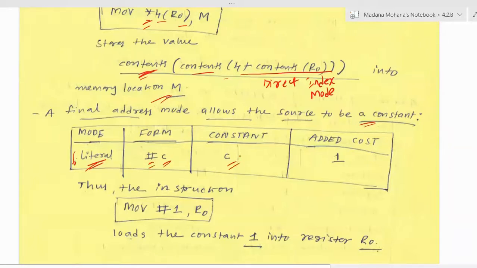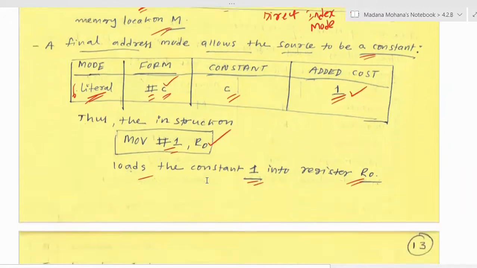What is the constant here? c. It takes cost only for the constant, one location. Its cost is 1. Thus the instruction move #1, R0: here R0 won't take any memory, so only the constant is stored in a separate location. It loads the constant 1 into register R0. This is the meaning of move #1, R0.